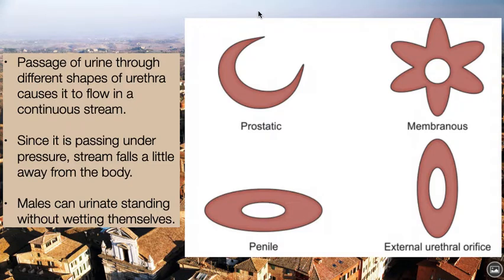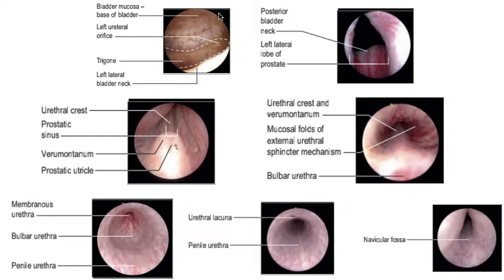Now, why the different shapes in transverse section? Basically, it is to facilitate the passage of urine in a continuous stream, right? Since it is passing under pressure, the stream falls a little away from the body and males can urinate without wetting themselves, right?